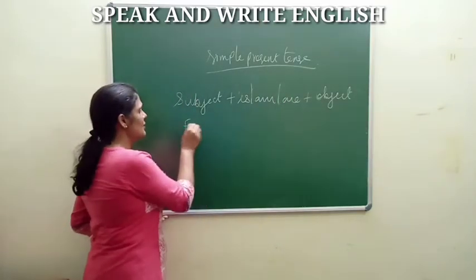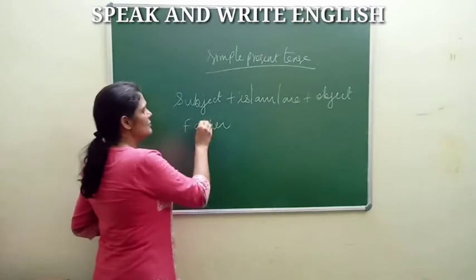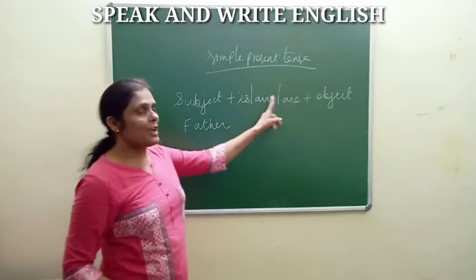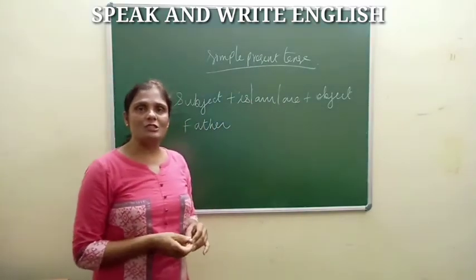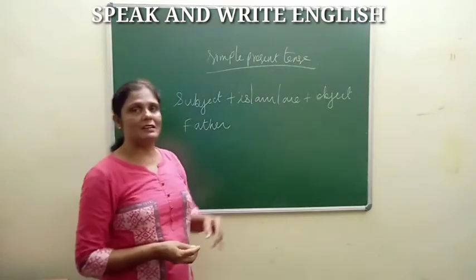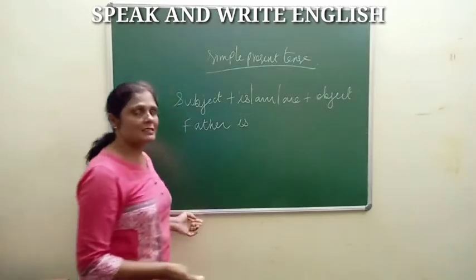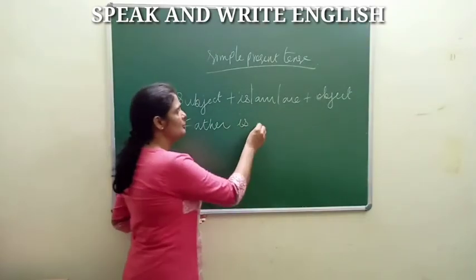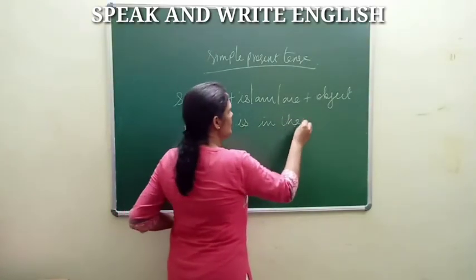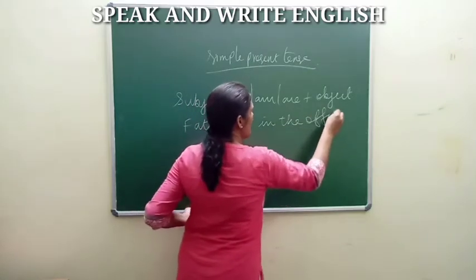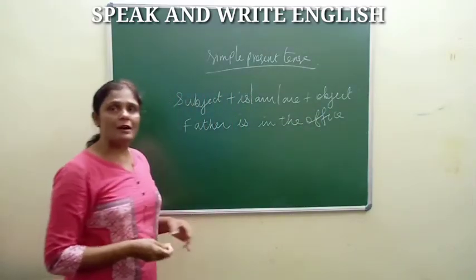Suppose I say father. Is, am, are are the be forms used in the simple present tense. Father is singular, so I am making use of is. Father is in the office.